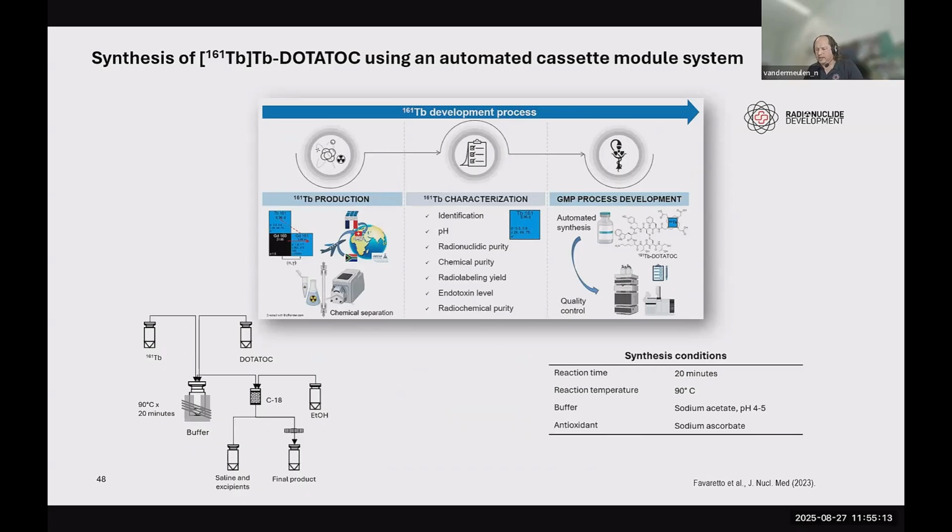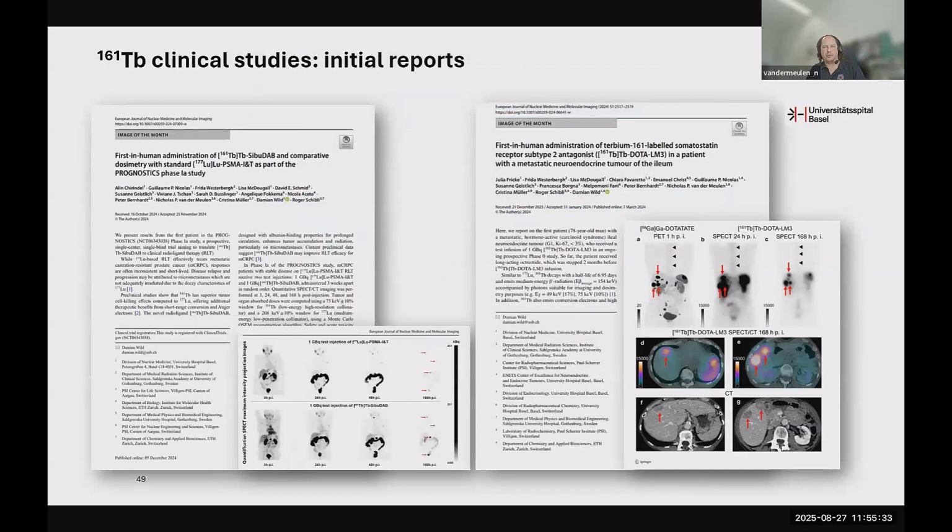I know I'm now running a little bit late, so I'm just going to touch on this and say we have to develop a protocol to apply the labeling capability into the GMP processing system. And this is what we ended up doing as part of preparation for a clinical trial.